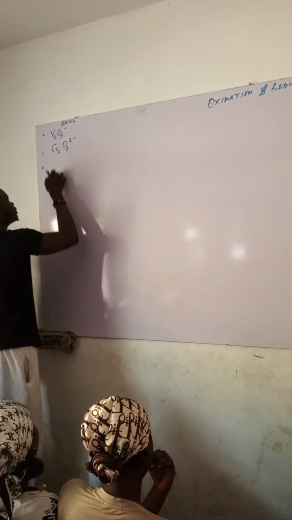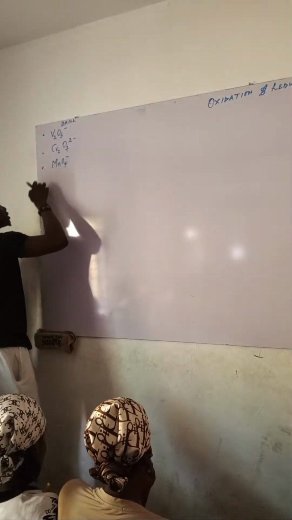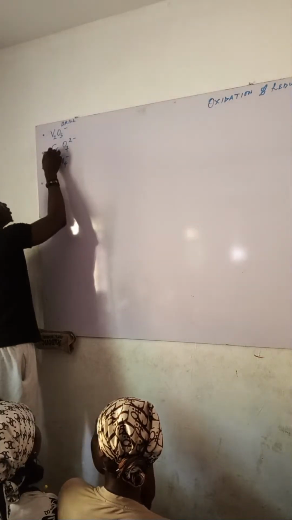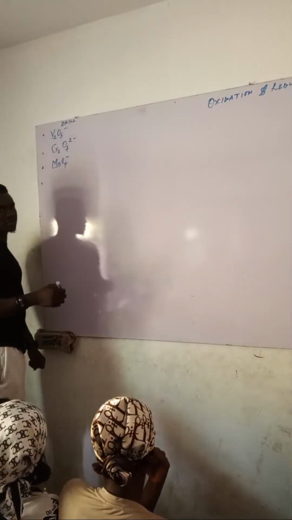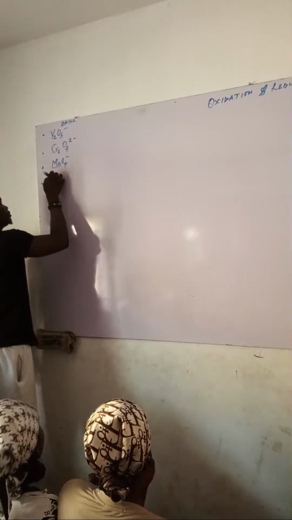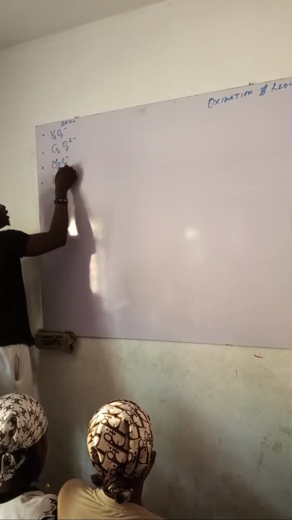Number 3: MnO4 minus. Number 4: K4. We are looking for chromium, vanadium, and manganese.